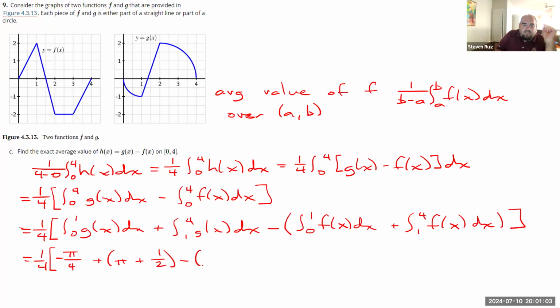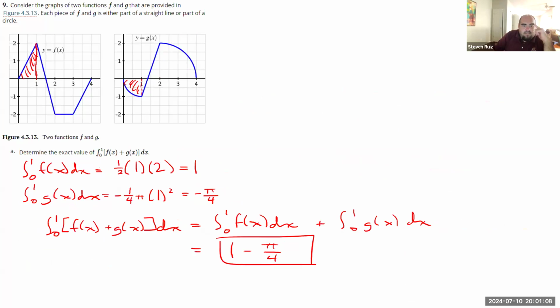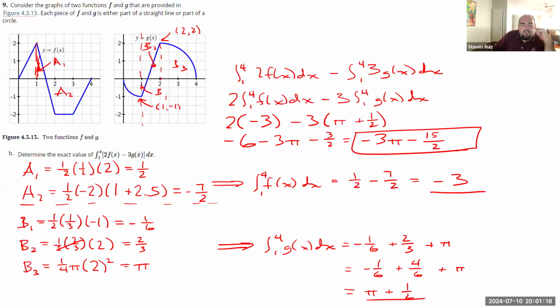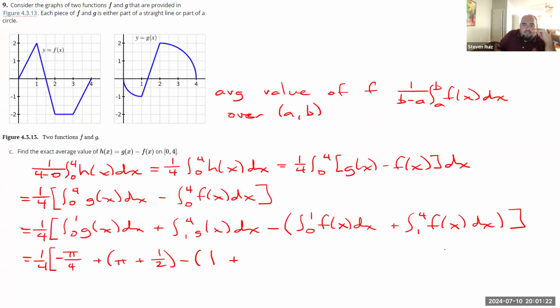minus the integral from 0 to 1 of f of x dx. We said that was 1. So this first value is 1. Plus the integral from 1 to 4 of f of x. We said that was negative 3. So minus 3.